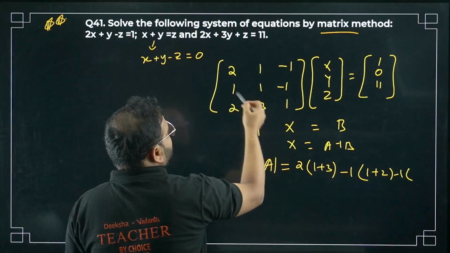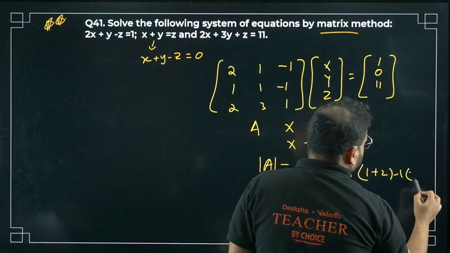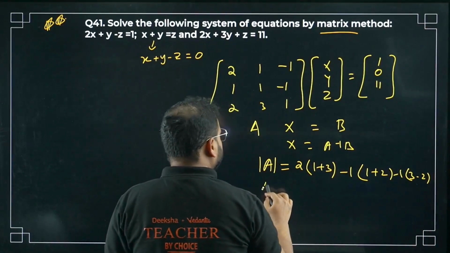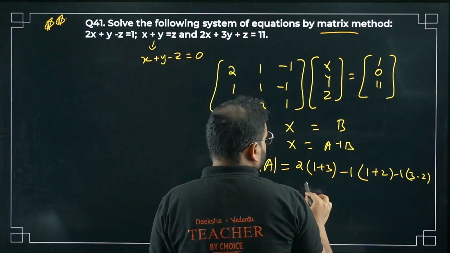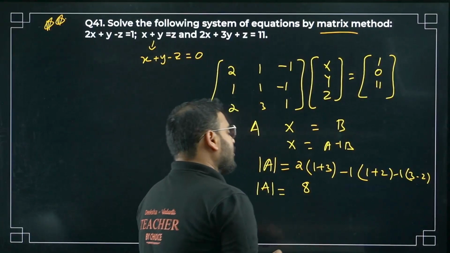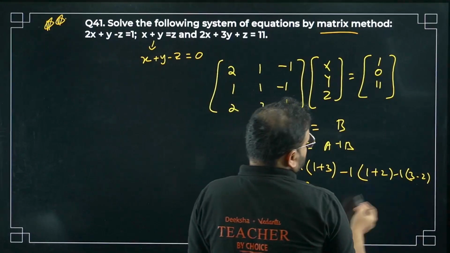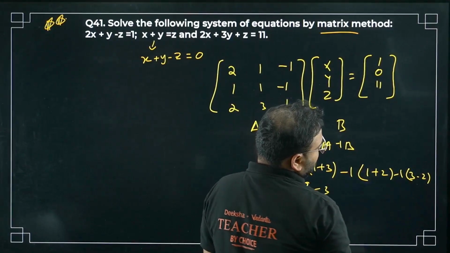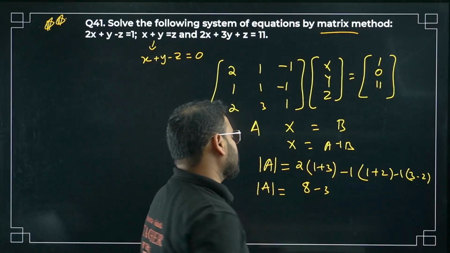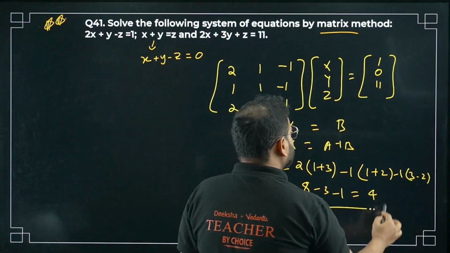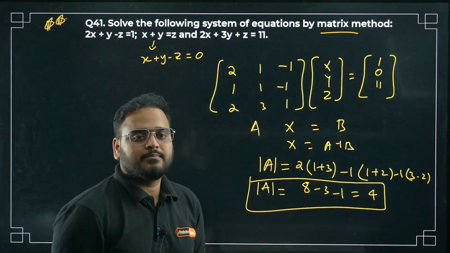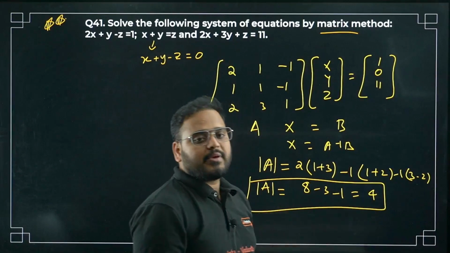This will get cancelled. We have 3 minus 2. So this will give me 3 plus 1 is 4, 2 fours are 8, correct? Then I'll have here minus 3, and over here I have 3 minus 2 is 1, so minus 1, simply 4. So determinant of A is coming as simply 4. Is that clear? Please check. This is coming as 4.